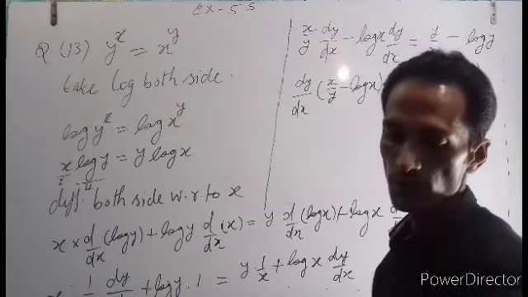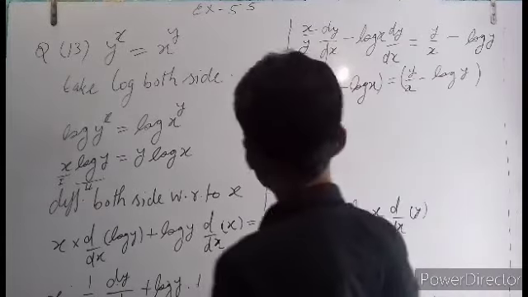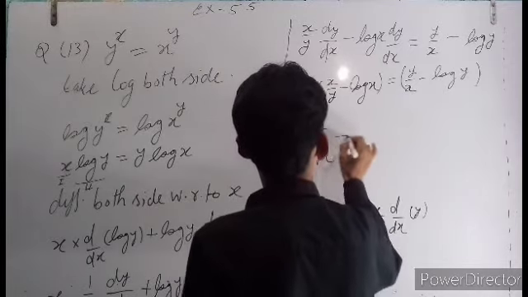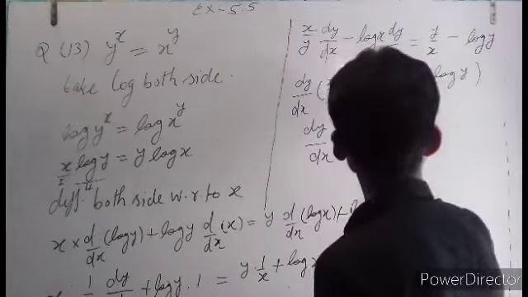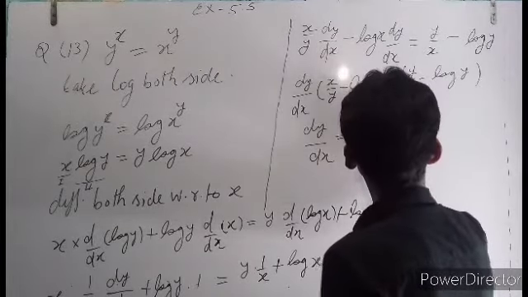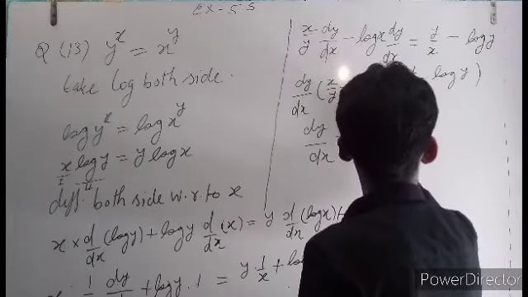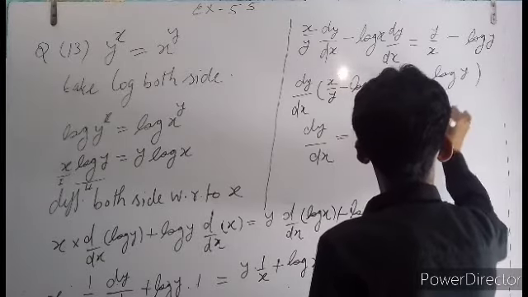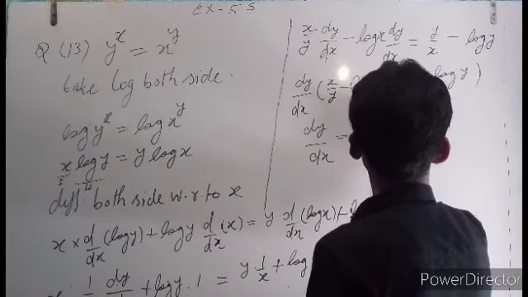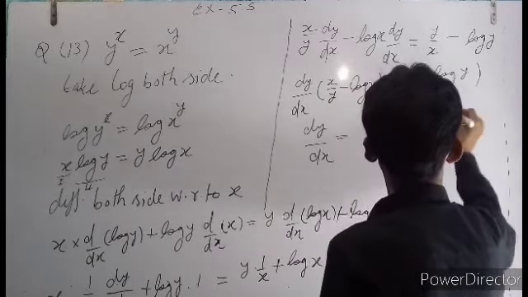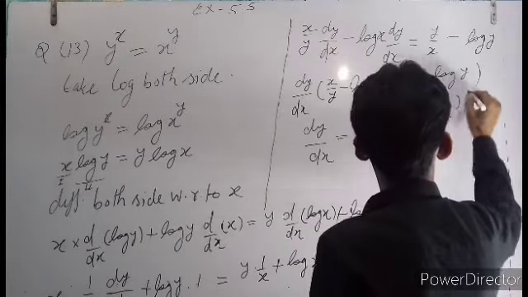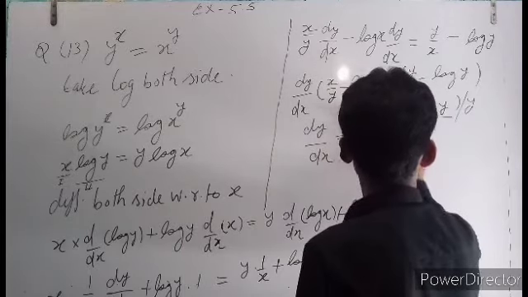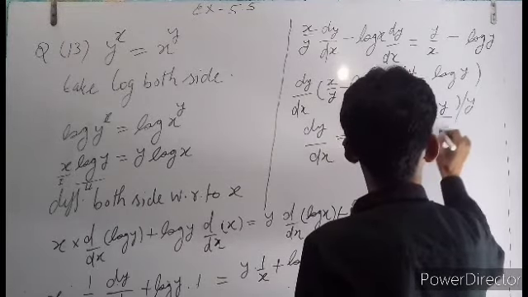So we can observe that dy by dx equals y minus x log y upon x minus y log x.